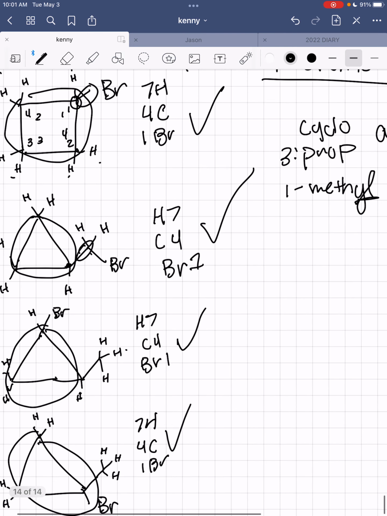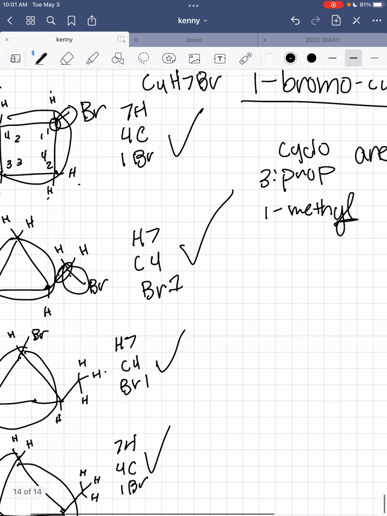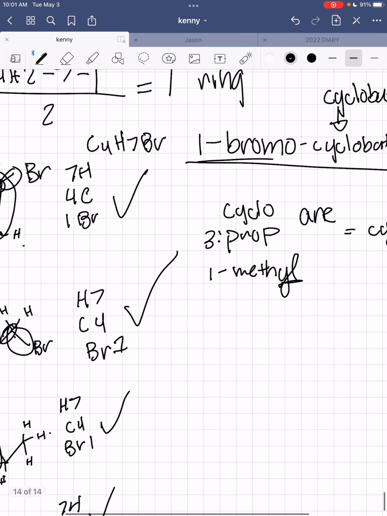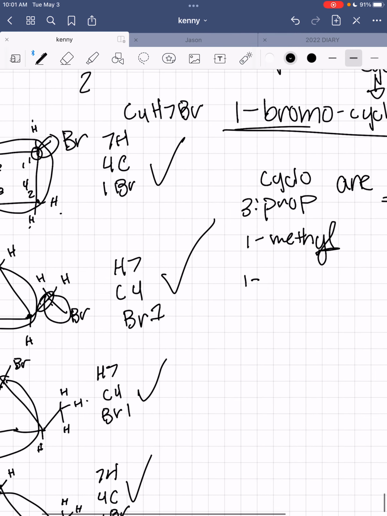But there's also something attached to this methane, so it's like a substituent in a substituent. So like before, it'd be just 1 bromine. So inside this one substituent there'd be 1 bromine, and then you just combine these.